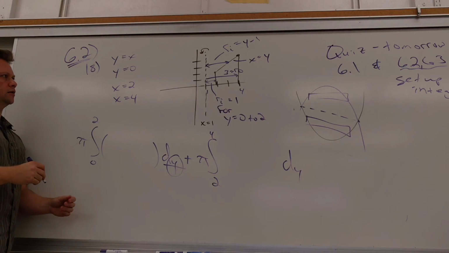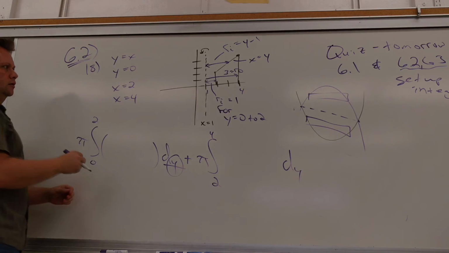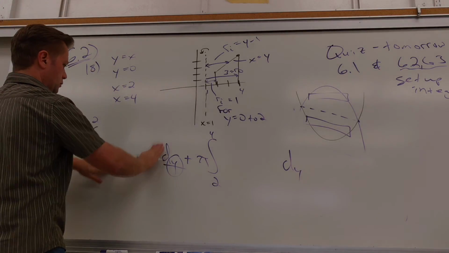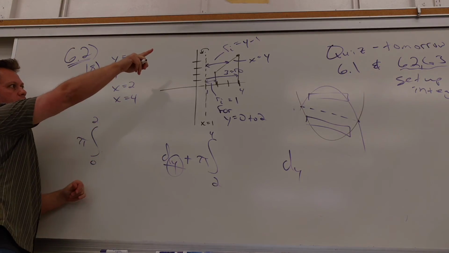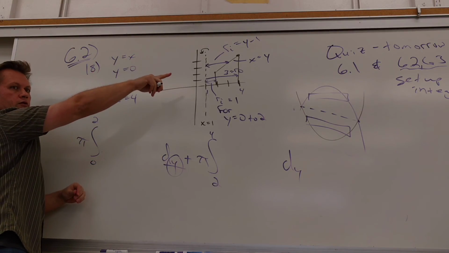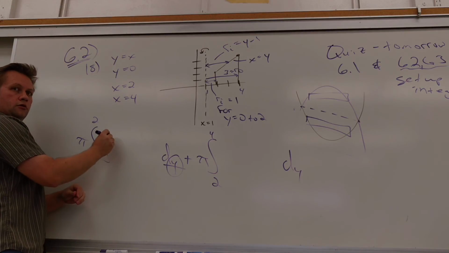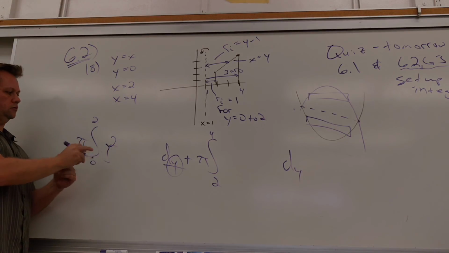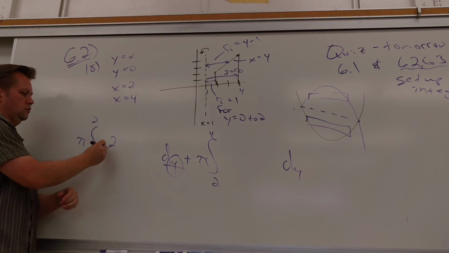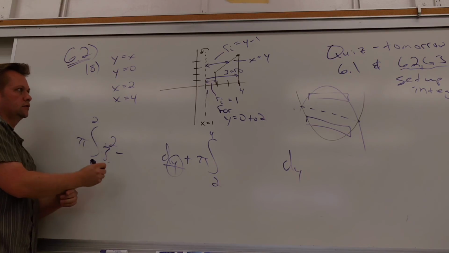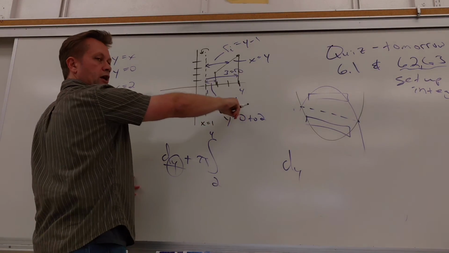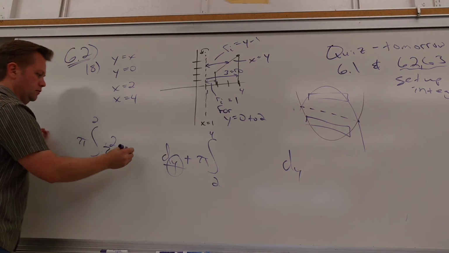So what do I have in there? Too many parentheses here. So I got r outer, which is 3 squared, minus, for 0 to 2, r inner is just 1.